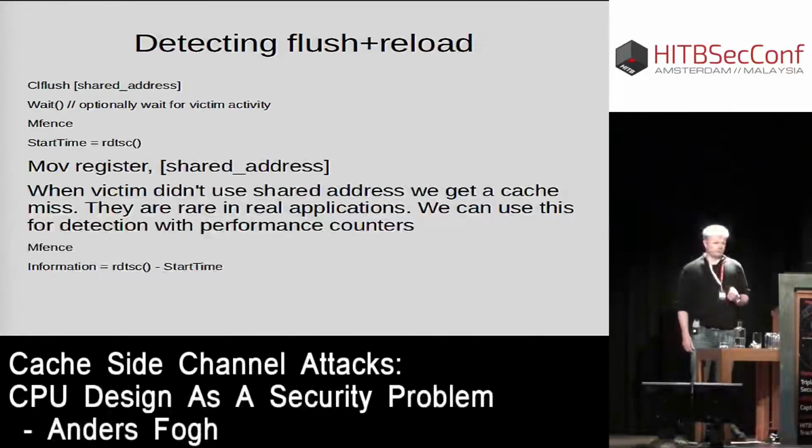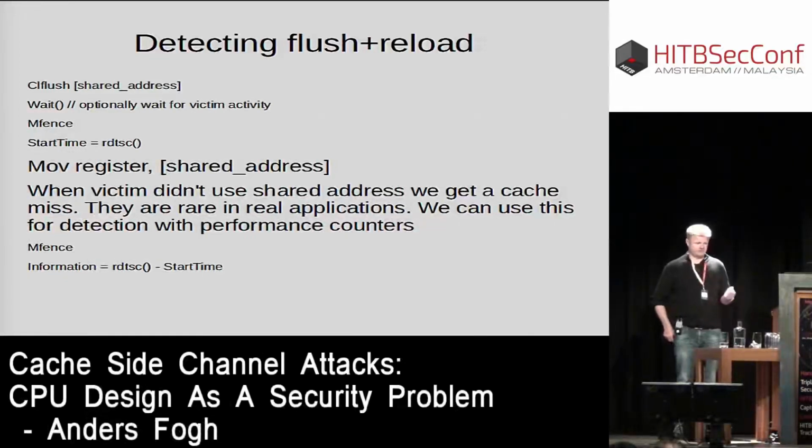And we can use this to detect it with performance counters. My original suggestion was to just interrupt every number of cache misses and look at how long it took and just have a value. If it was too short, well, we have a cache side channel attack. And that worked pretty well on most cache side channel attacks.